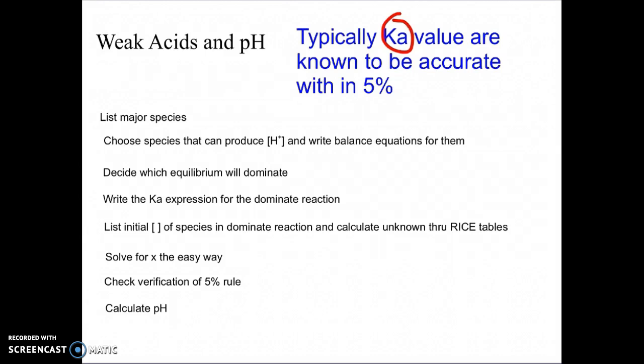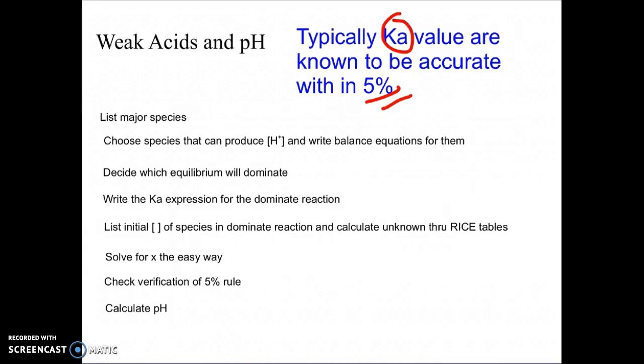The AP Board doesn't expect you to memorize the Ka values, but know that they're only accurate within 5%, and that's going to be very helpful for us with this strategy of calculating the pH for weak acids, because in a lot of cases it means that we can simplify and make an assumption, which will be very good to do.